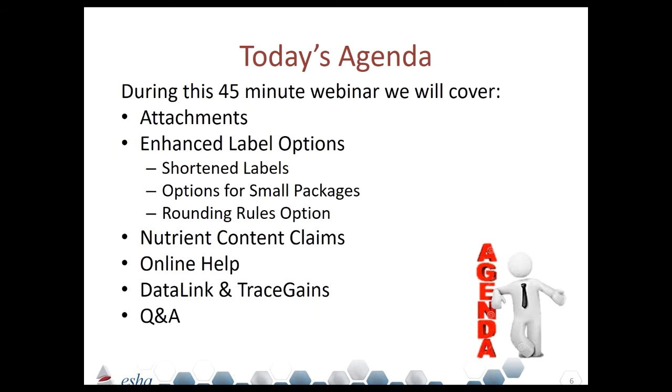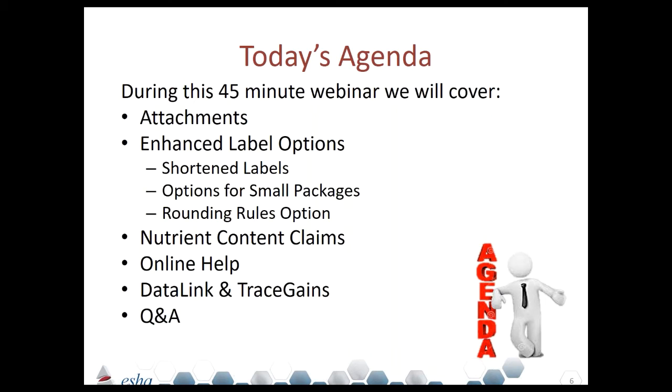All right, so today's agenda. As I said, we'll focus on the new various features and partnerships of the Genesis R&D version 11.4. I will introduce each feature, and then Ben, my colleague, will demonstrate the use of the feature in Genesis. We'll talk about the new ability to attach documents in Genesis, which we're really excited about. We have some enhanced label options for small packages, as well as the option to use the rounding rules featured in the FDA guidance document released in January 2017.